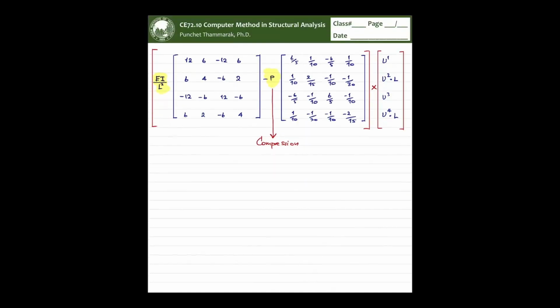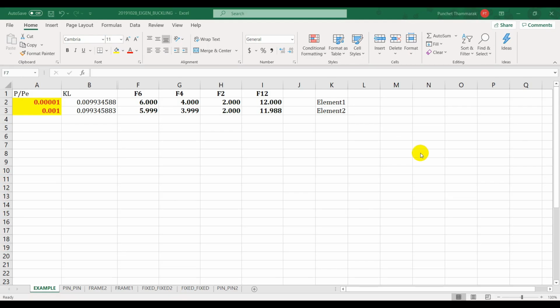Okay, so let's play with this in Microsoft Excel. You have this from your homework. All these cells are made to calculate all four stability functions. Now we look at the first case, where we have a cantilever column.